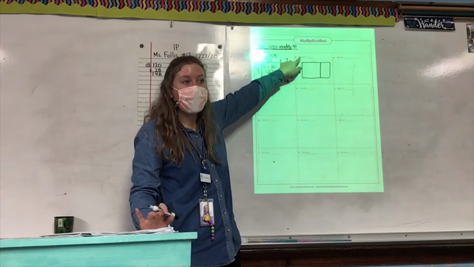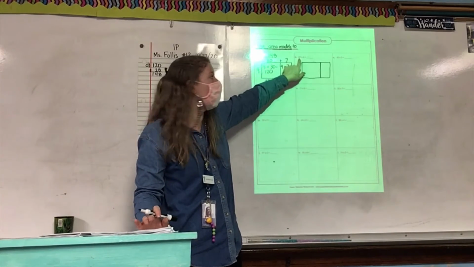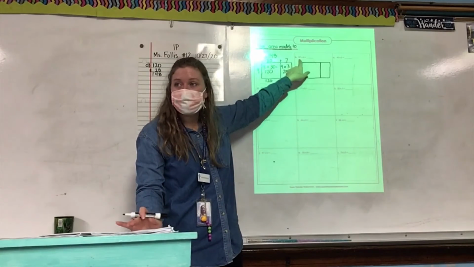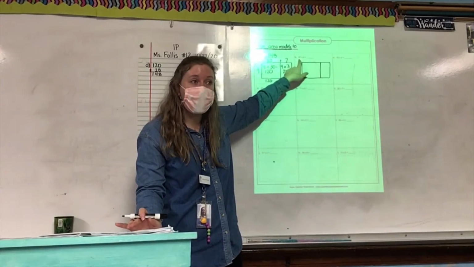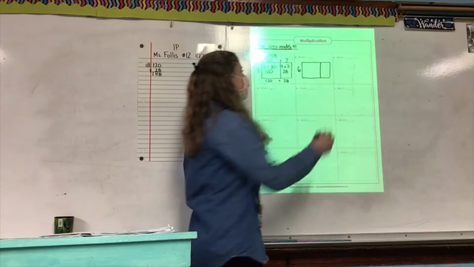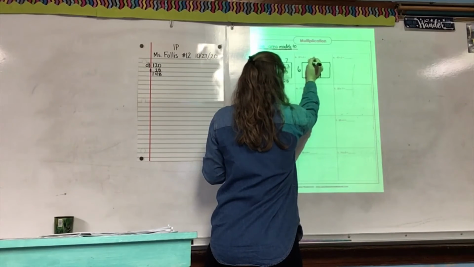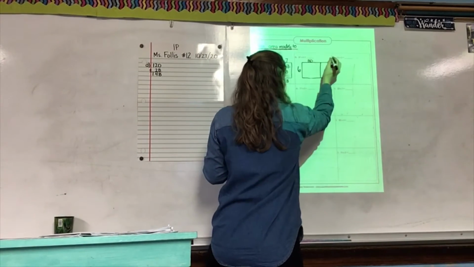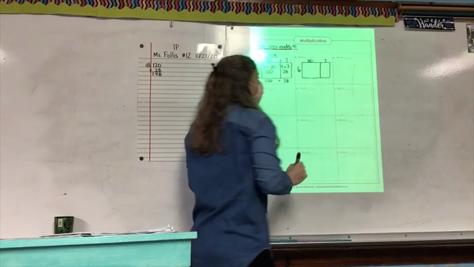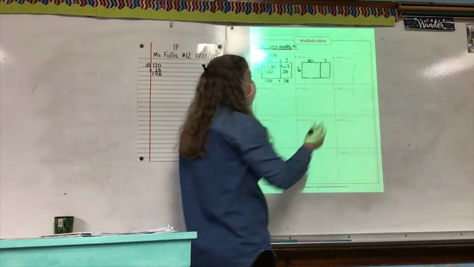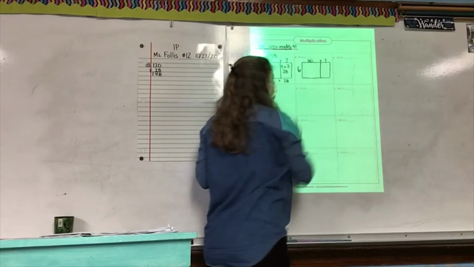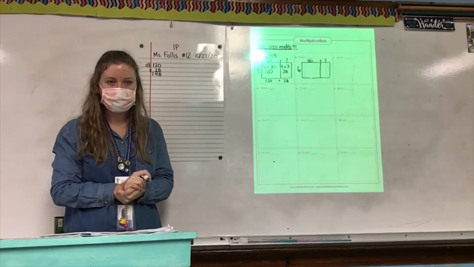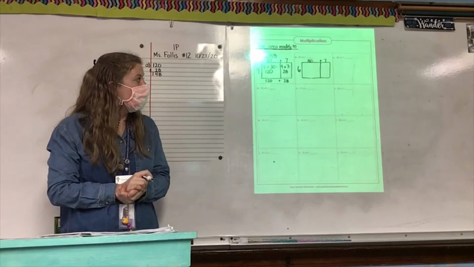Decompose the larger factor into its expanded form. 87 in expanded form is 80 plus 7. So now I write the tens, which is 80, above the larger part of my box. I write the ones, which is 7, above the smaller side of my box, and then I put a plus sign above the split.